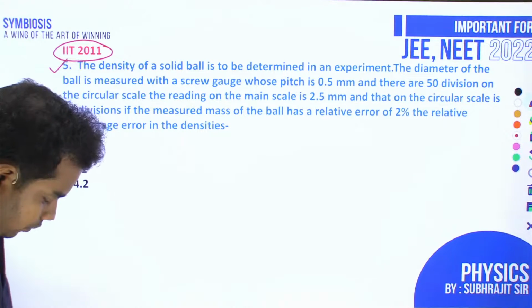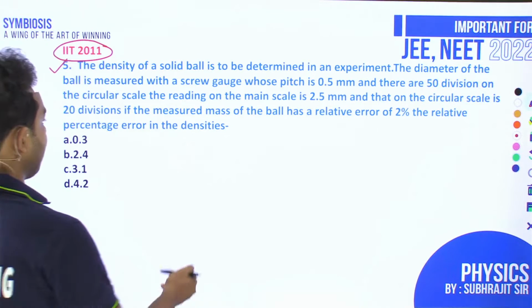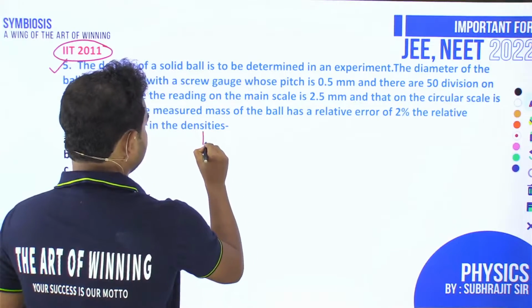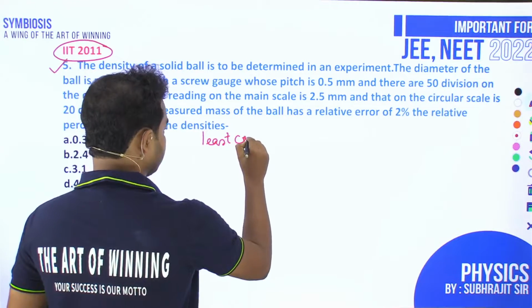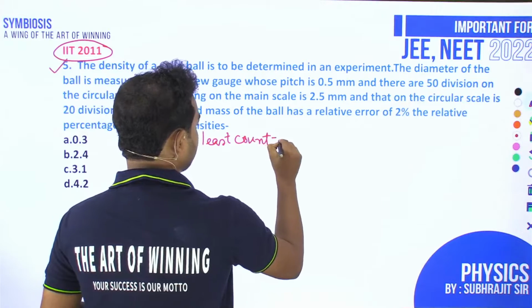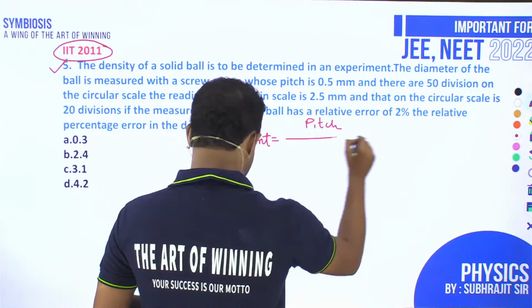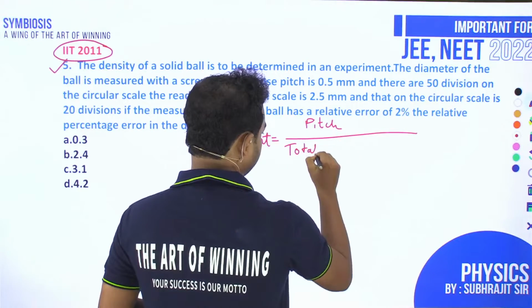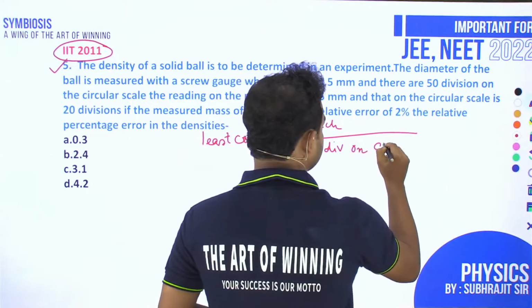So here we want to find the relative percentage error in the density. First we find the least count, that means del R. So least count is equal to pitch divided by total divisions on the circular scale.